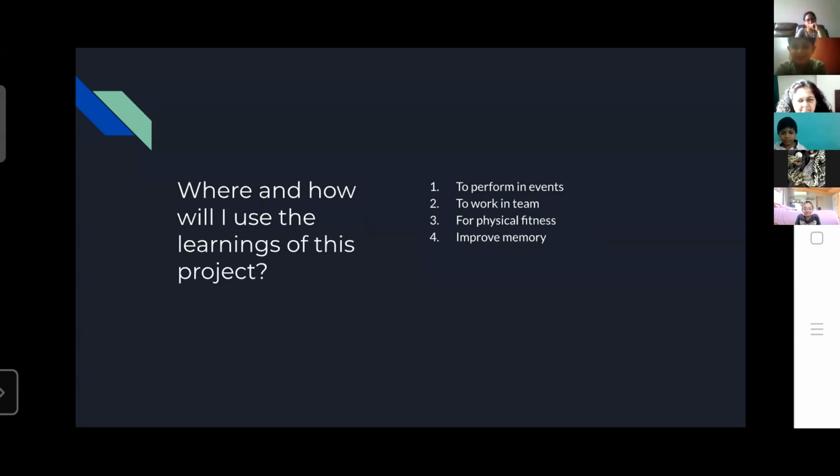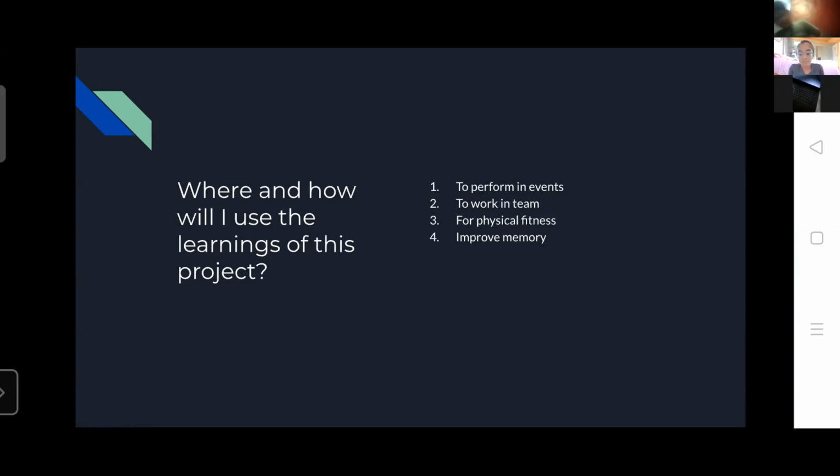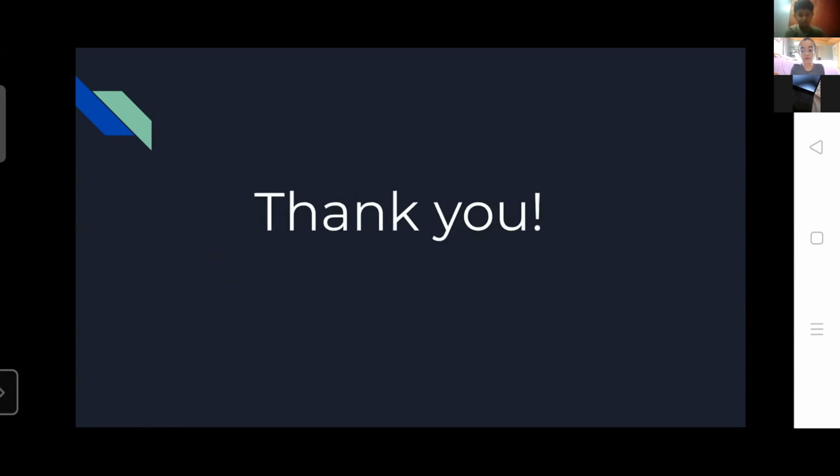Where and how will I use the learning of this project? To perform in an event, to work in a team, for physical fitness, and to improve our memory. So it can help in these four things. Thank you.